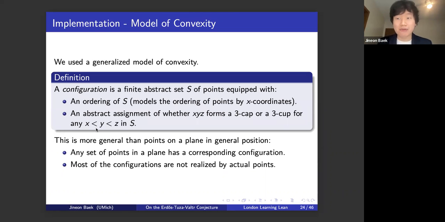But in this abstract setting, for most configurations, you can just arbitrarily assign each triple as a 3-cap or 3-cup. And these are not realizable by actual points at all. But still, my proof works with this setting. So this is the setting that I went with.